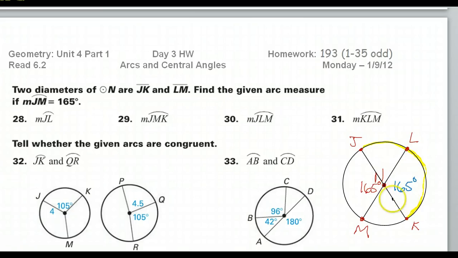Since this is 180 degrees, I should be able to just subtract from 180 to find the missing piece here. So if I do 180 minus 165, that should give me this angle right here. That's just 15 degrees. So this is 15 degrees, which means this is 15 degrees. Now I'm ready to answer any question that they throw at me. But let me clean this up a bit first.